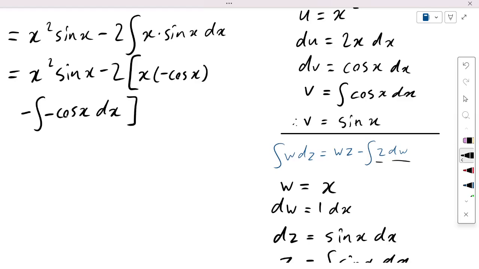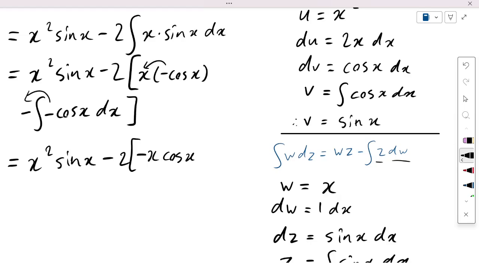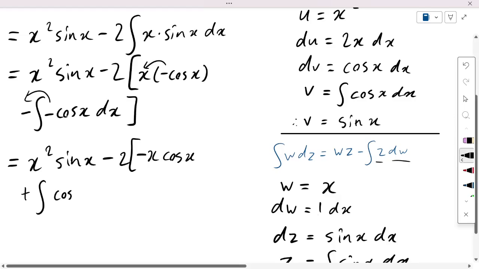And now we can write it in simpler terms, where we have x squared sine x minus 2 into, and then we can write the negative here because we're going to take the negative outside, x cosine x. And the negative comes out like this, it's going to become a positive. So it's going to be positive integral of cosine of x with respect to x. Close the bracket.